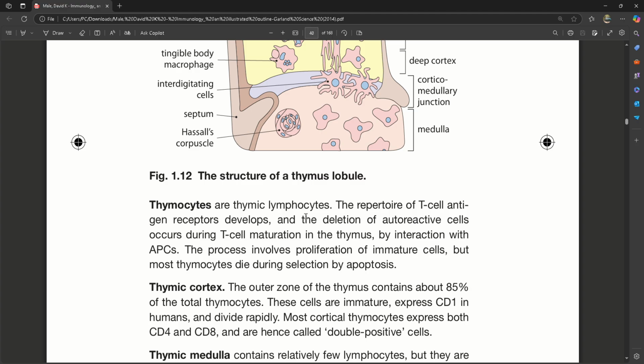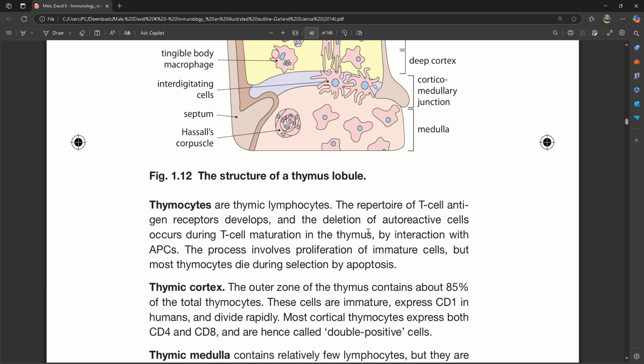So it's a process of T cell selection, so that only those T cells survive that can recognize non-self proteins, and if there are some cells which are reacting with the self proteins, they have to be removed from the system. They should die through the process of apoptosis.